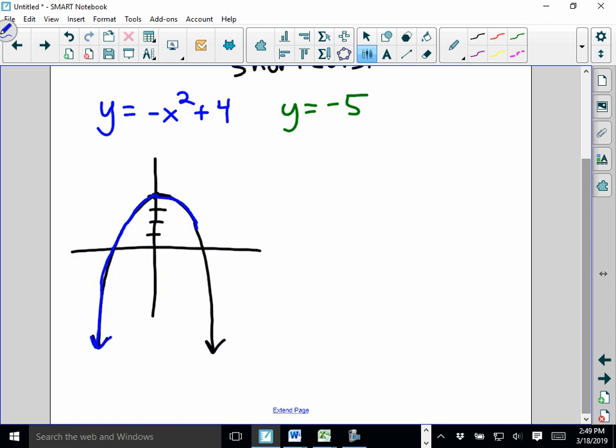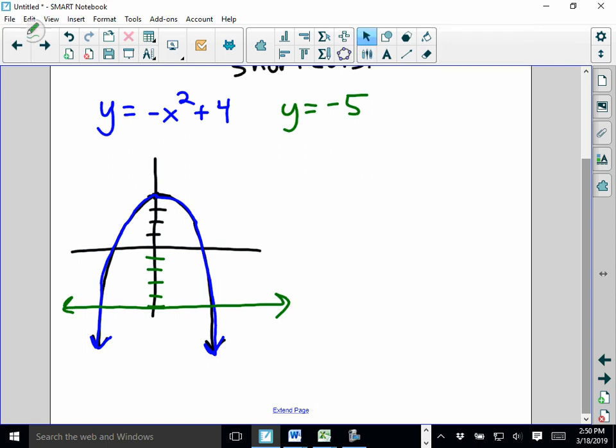Okay, so that's that function. In green, we have y equals negative 5. So what we want to do here is find the area of the region bounded by this. So again, we're looking for this area.